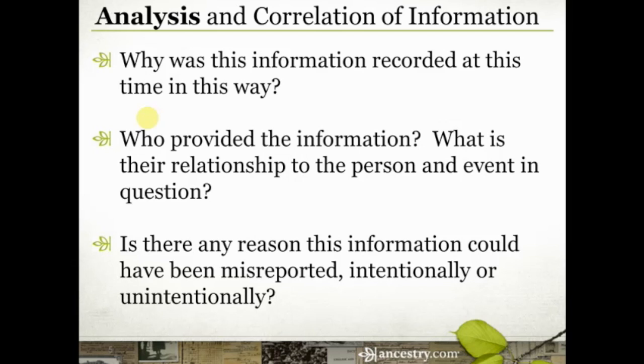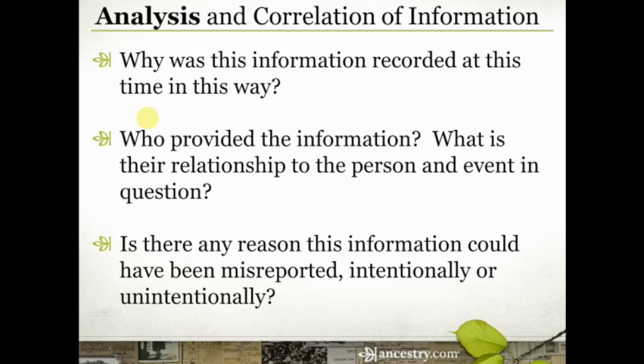So think about, if a couple wanted to get married and the state law at the time required that they have parental permission due to their age, they may have lied about their age in order to get married without parental permission. Lots of reasons why information gets intentionally or unintentionally reported or misreported.